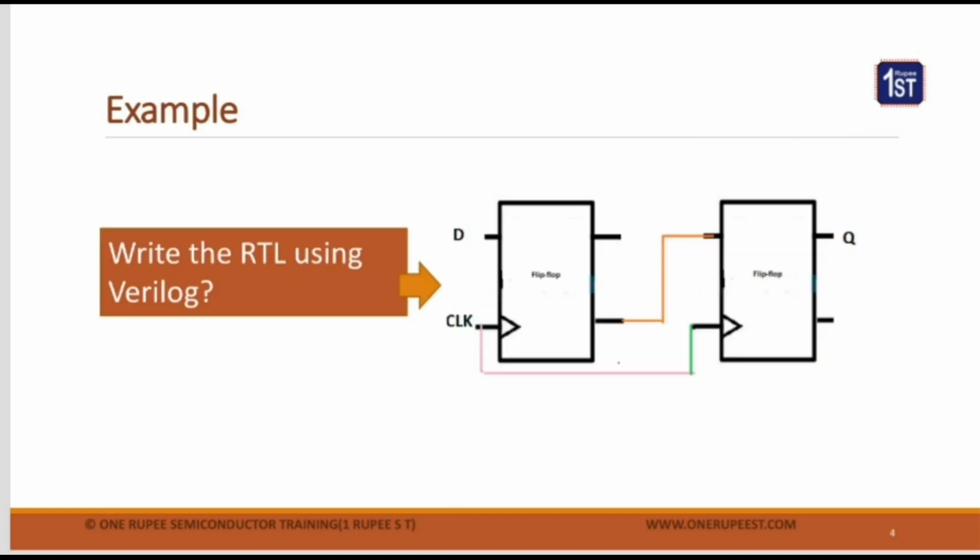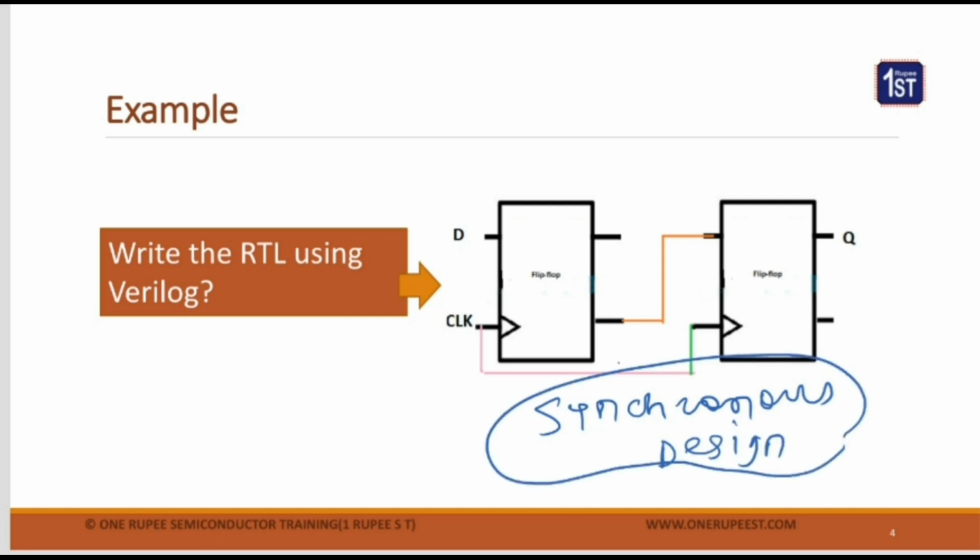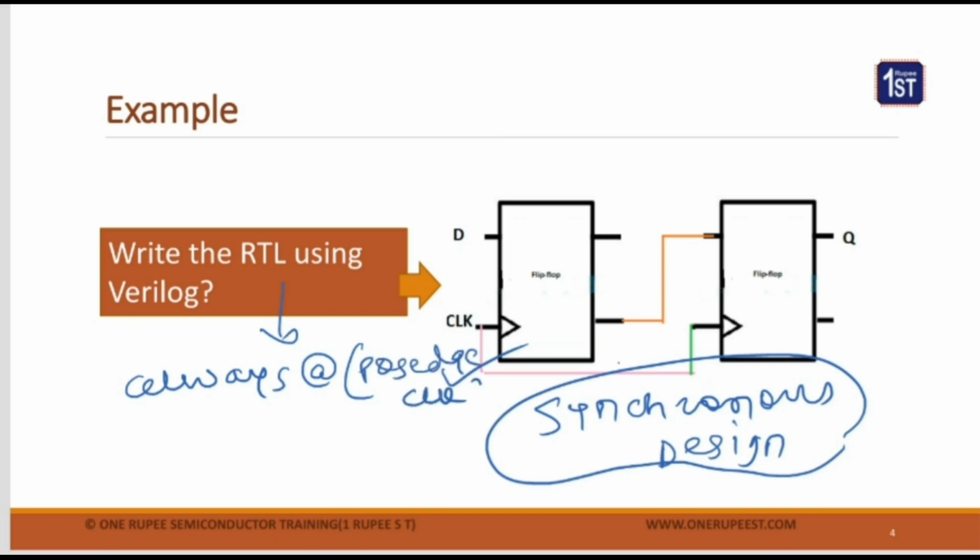Now for example, I have this synchronous design, a synchronous sequential circuit. Clock is common. Now you try to write an RTL by using Verilog, always at the rate of passage of the clock, this begin and end.